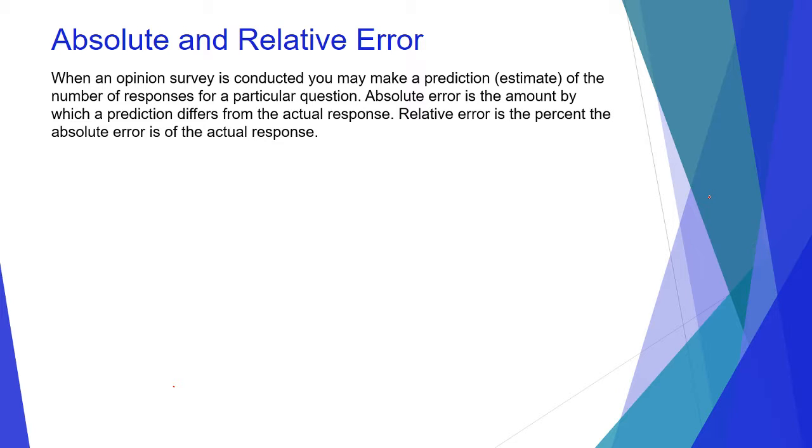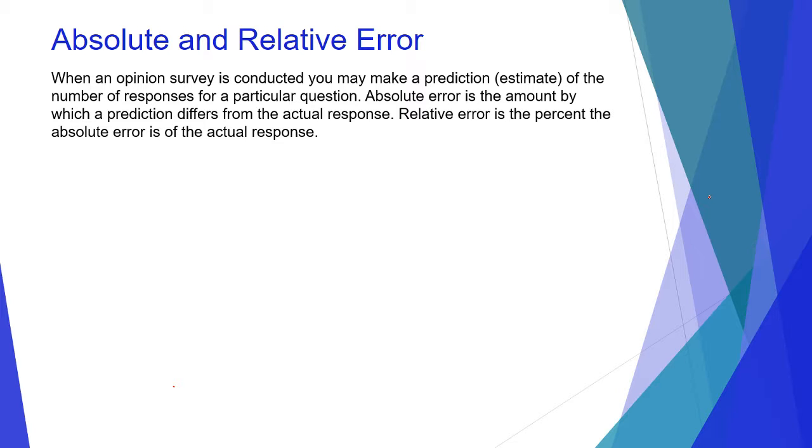That is a prediction. Absolute error is the amount, it's a number, by which a prediction differs from the actual response. For example, if they predict 100 people will rate a 5 on a drink, but when they survey only 80 people said a 5, that means the absolute error is 20 because 100 minus 80 is 20.